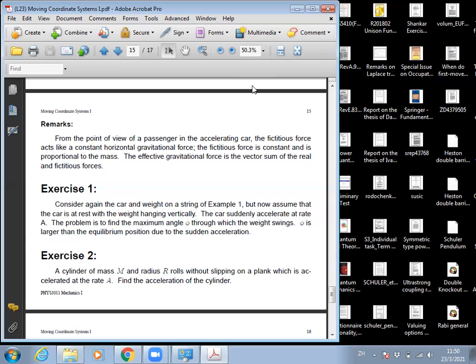Do you understand my question? The car starts at rest and then suddenly accelerates at a uniform rate a. Then what is the maximum angle through which the weight will swing?